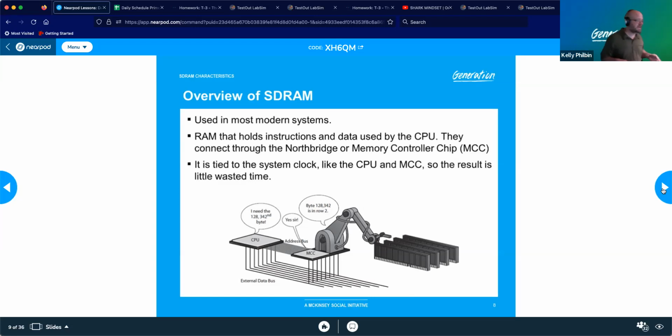All of this is tied to the system clock. So long as we can operate at the same pace of the clock, no buffering is needed because we can speak at the same speed and language. And then we can actually do some interesting things within the clock.